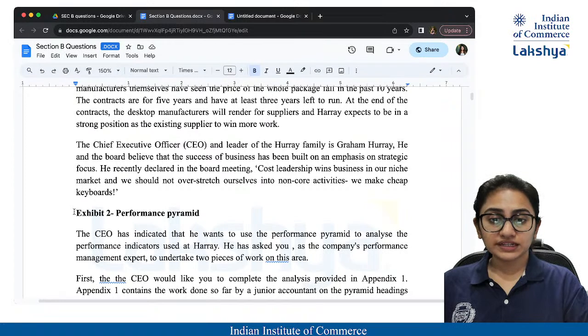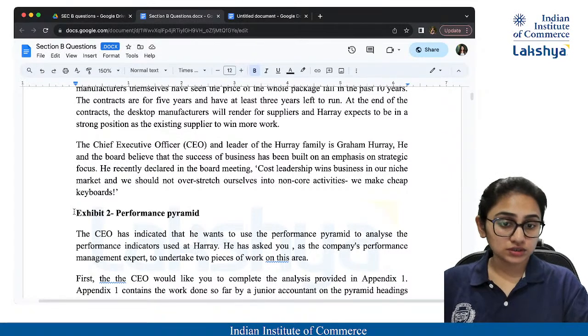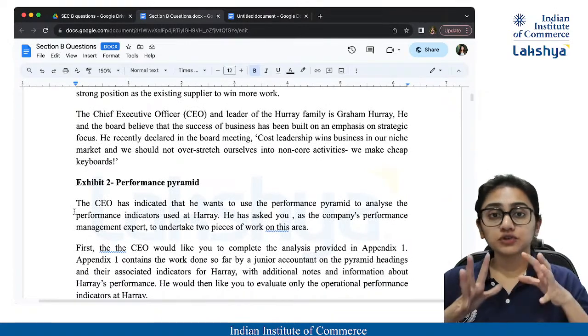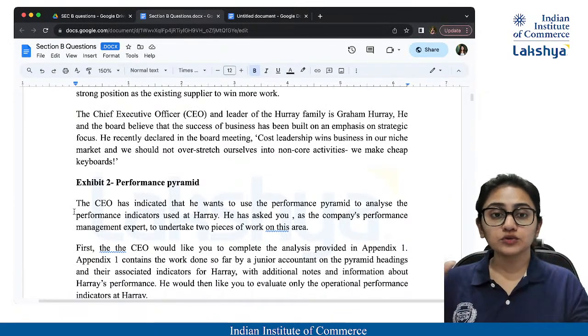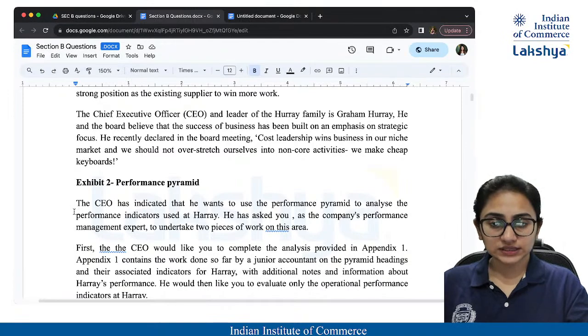He and the board believe that the success of the business has been built on an emphasis on strategic focus. He recently declared in the board meeting, cost leadership wins business in our niche market, and we should not overstretch ourselves into non-core activities. We make cheap keyboards. You have to concentrate on the core activities only and not fall into the non-core activities.